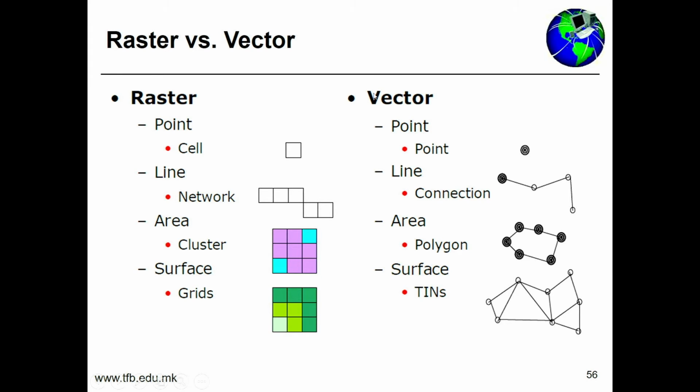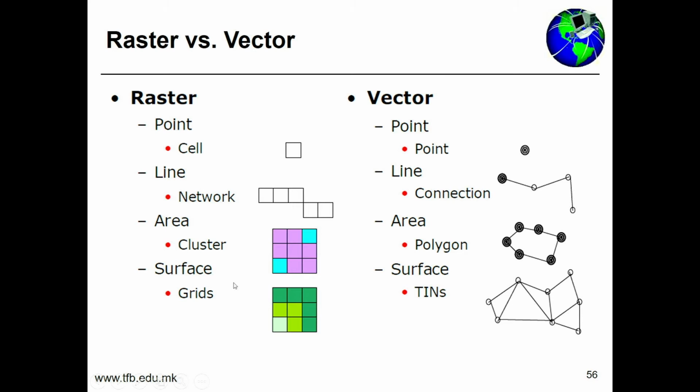For the line, with vector it is a connection like a line, but for raster it is like blocks, 1, 2, 3, connected together like squares, because from an image we cannot draw a line like a vector. An area is like a cluster; for vector it is called a polygon.